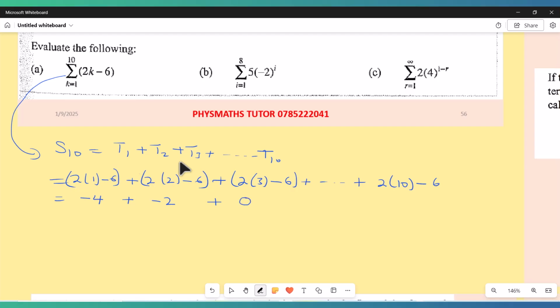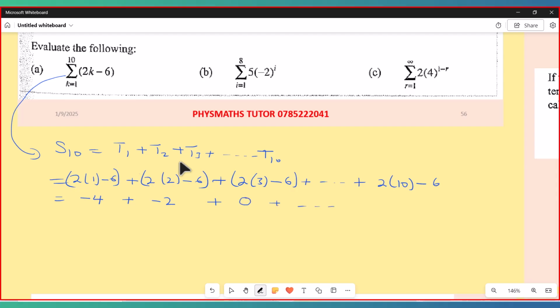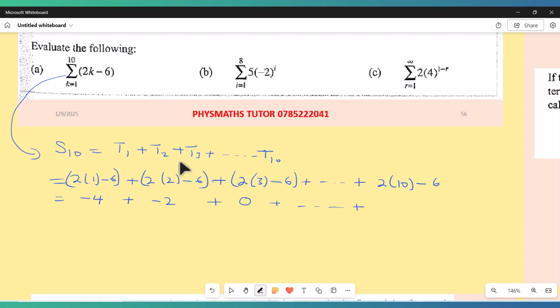Then we come to the last term. What is 2 times 10? 20. 20 minus 6? 14. We get 14.